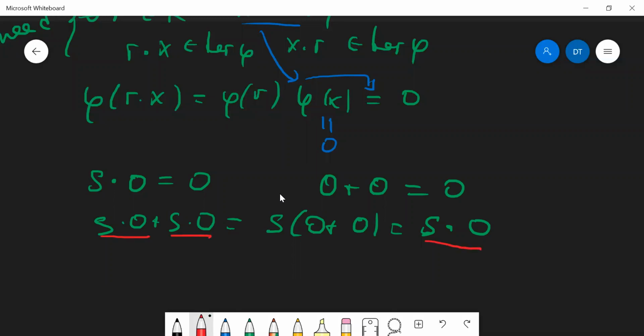You subtract s times 0 from both sides, so you take minus s times 0, and the result will be s times 0 equals 0. So this explains why the last equality holds. So this is just for completeness.